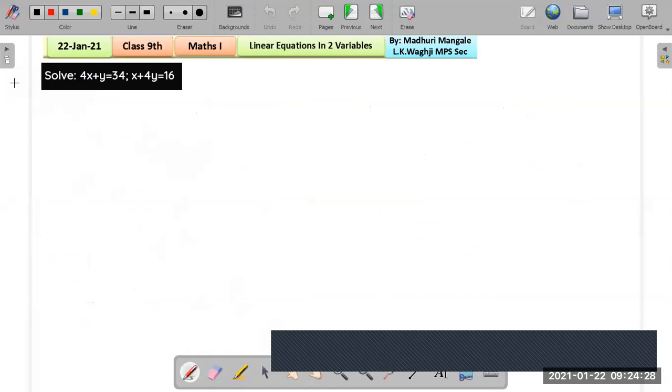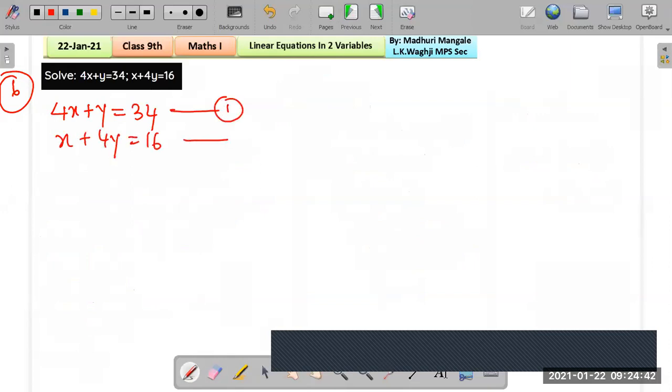So here, this is question number 6, and the equations are 4x plus y equals 34 and x plus 4y equals 16, equation 1 and equation 2. Now what should be done first? We try to make the x term same.